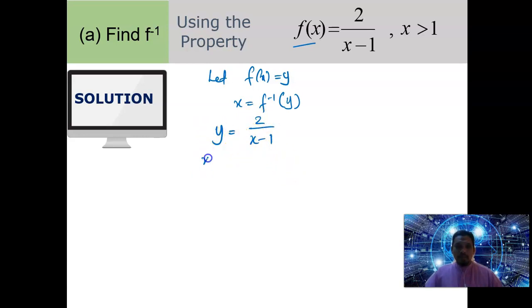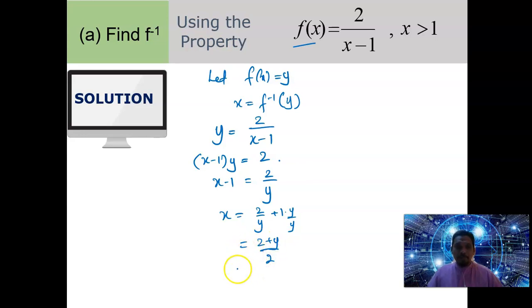Cross multiply: x minus 1 multiplied by y equal to 2, then x minus 1 equal to 2 divided by y. Then x equal to 2 over y, negative brought to the other side becomes positive, plus 1. So multiply 1 by y divided by y, then 2 plus y divided by y.